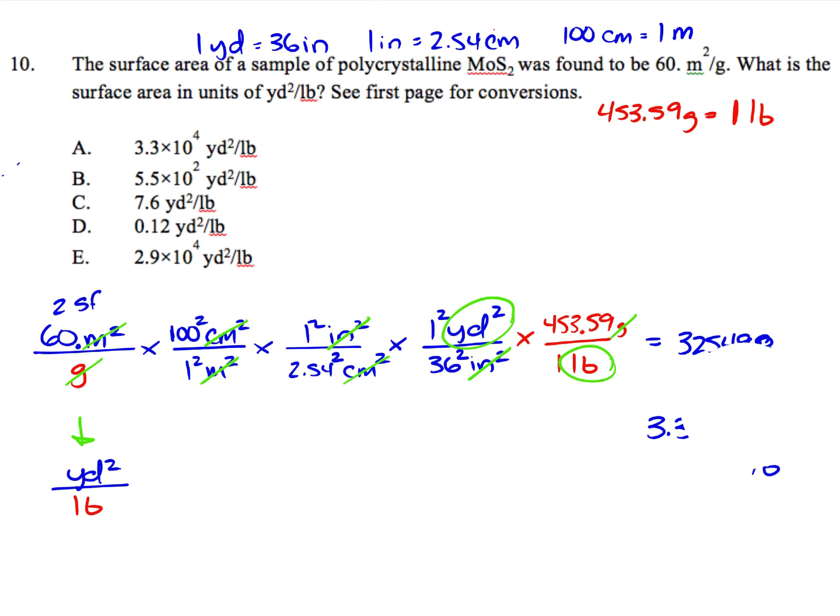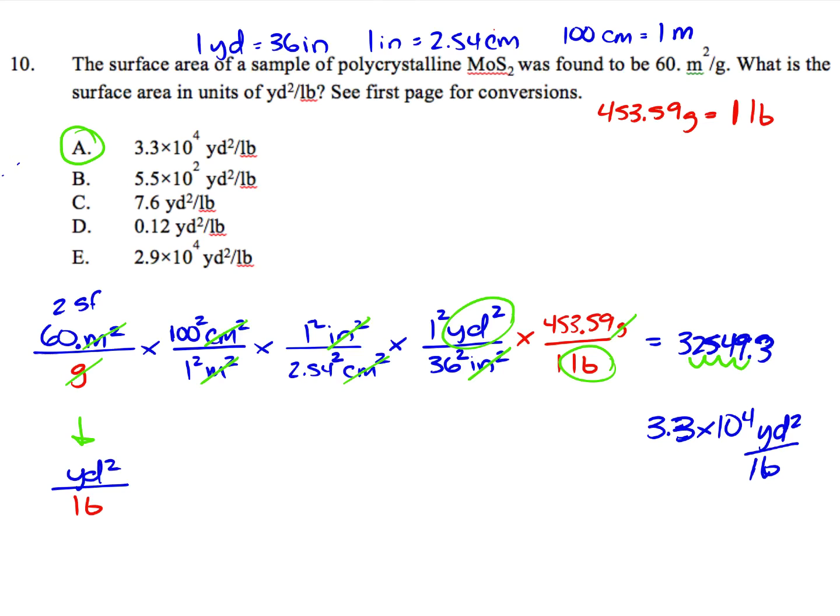Oops, that's a big eraser. 3.3 times 10 to the fourth, because we move our decimal point 1, 2, 3, 4 places. So then that gives us A is the correct answer.